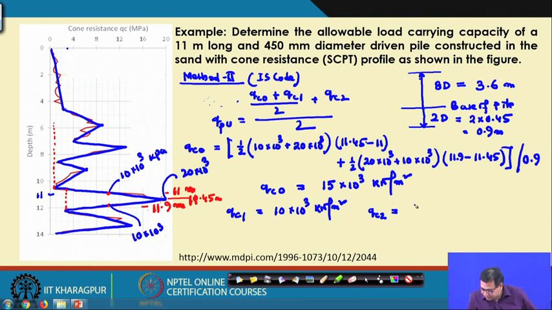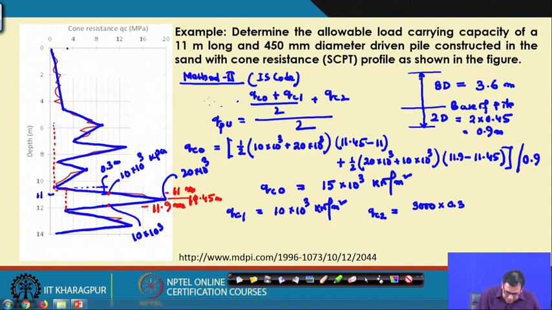So, I am taking 3000 into that distance, which is up to 0.3. You can measure this distance from here to here. I have measured that, that is 0.3 meter.